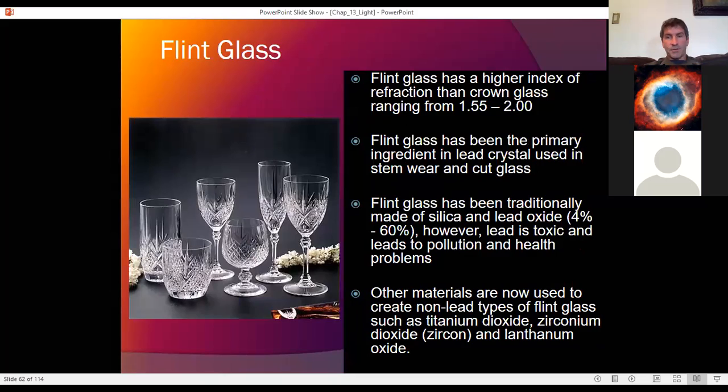Here's flint glass, traditionally anywhere from 4 to 60% lead oxide. However, now we're using more titanium dioxide and zirconium dioxide and even lanthanum dioxide to get that higher index of refraction. Flint glass is used in stemware quite a bit because not only does it refract the light quite a bit, you can etch into it.